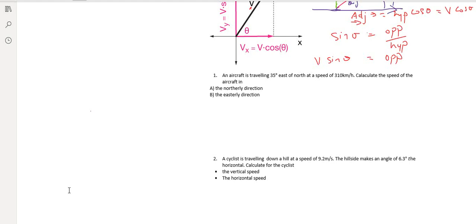It says calculate the speed of the aircraft in the easterly direction.